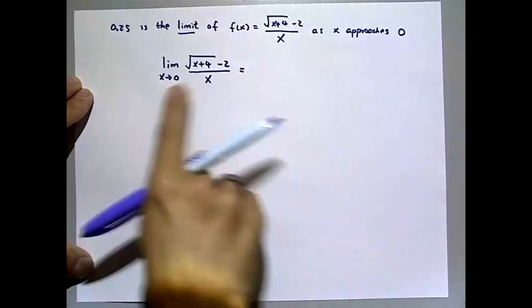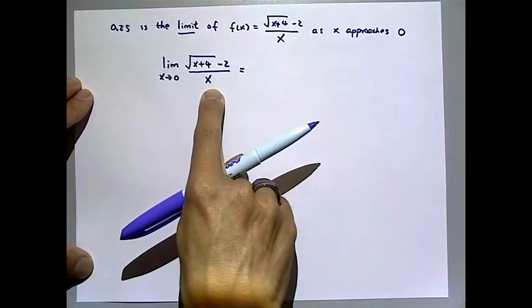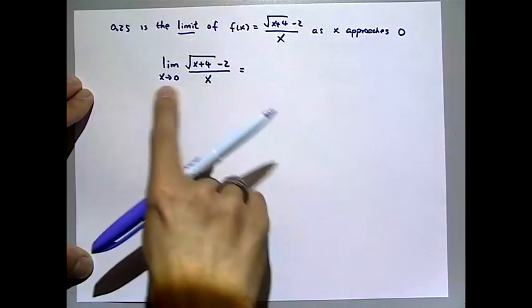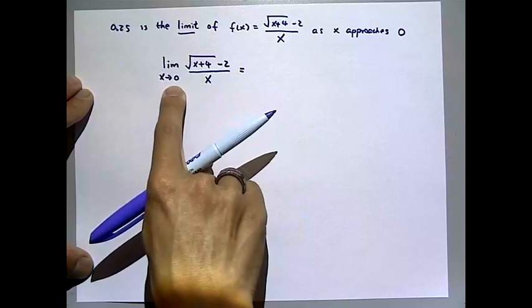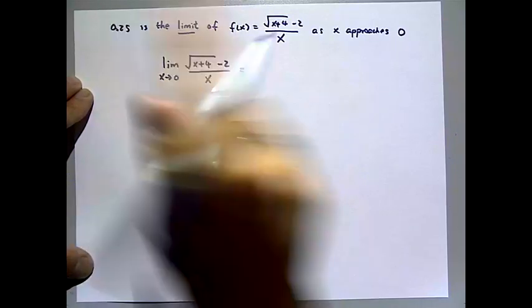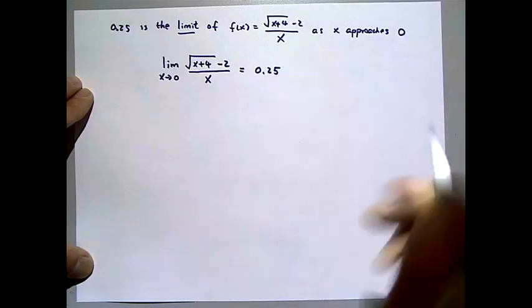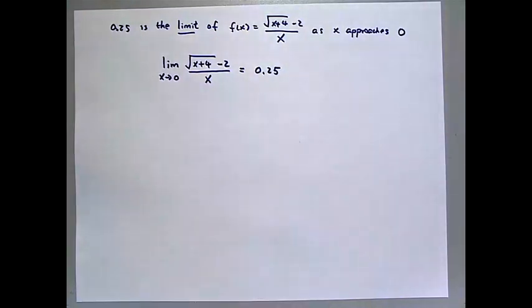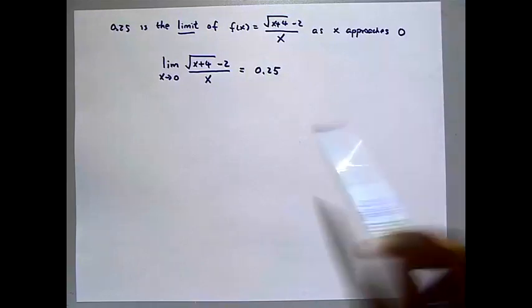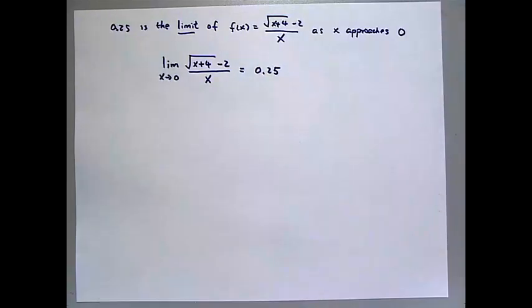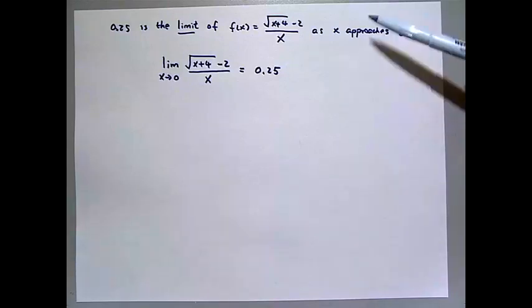The limit of the function radical x plus 4 minus 2 over x as x approaches 0 is equal to 0.25. All right, so these two statements are equivalent, and obviously the mathematical notation is much more compact and much more convenient to use. But make sure you understand what it's telling you in words.